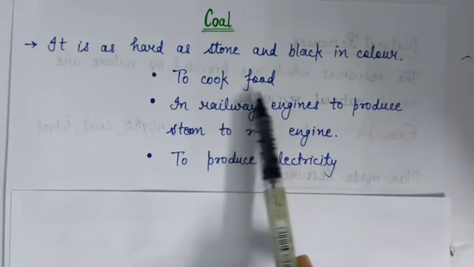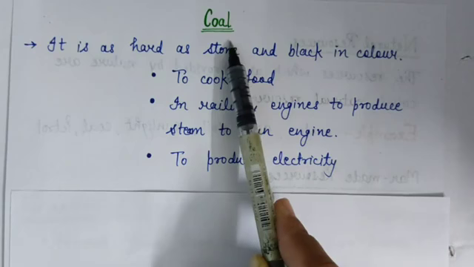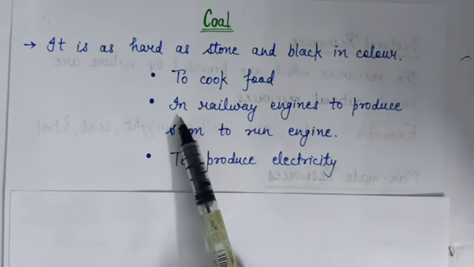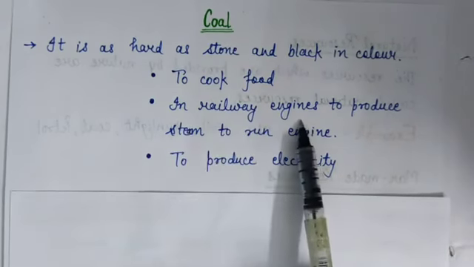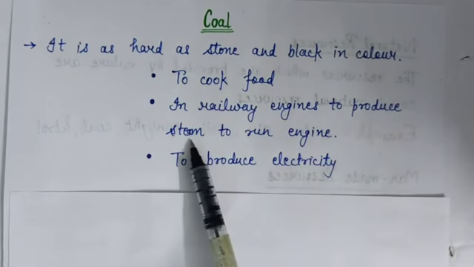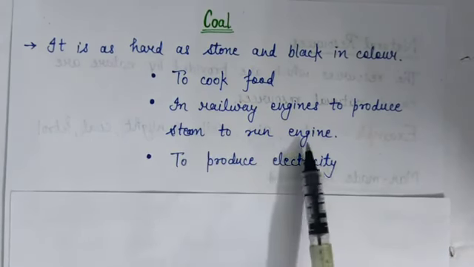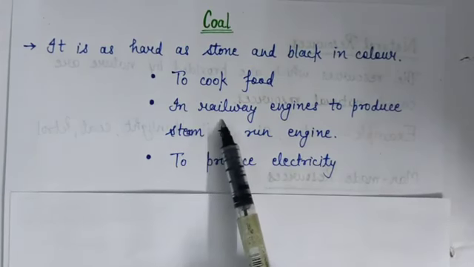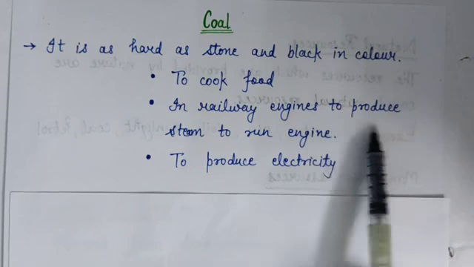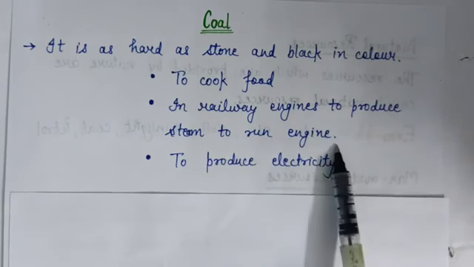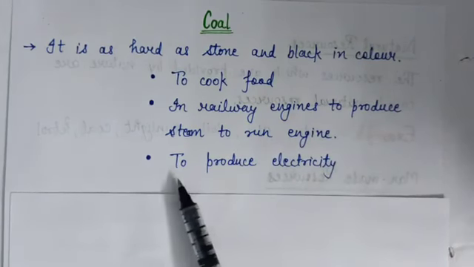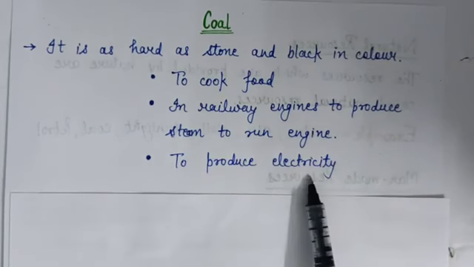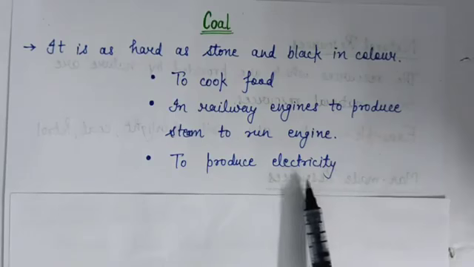It is also used in railway engines to produce steam to run the engine. And third, it is also used to produce electricity. Means in some thermal power stations coal can be used to produce electricity.